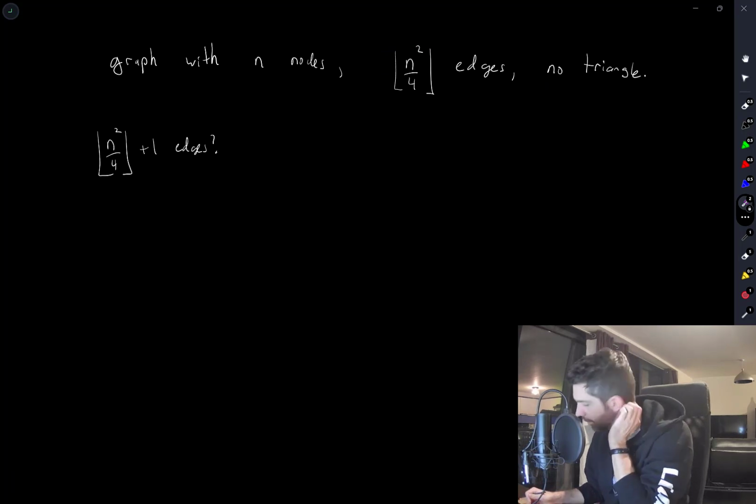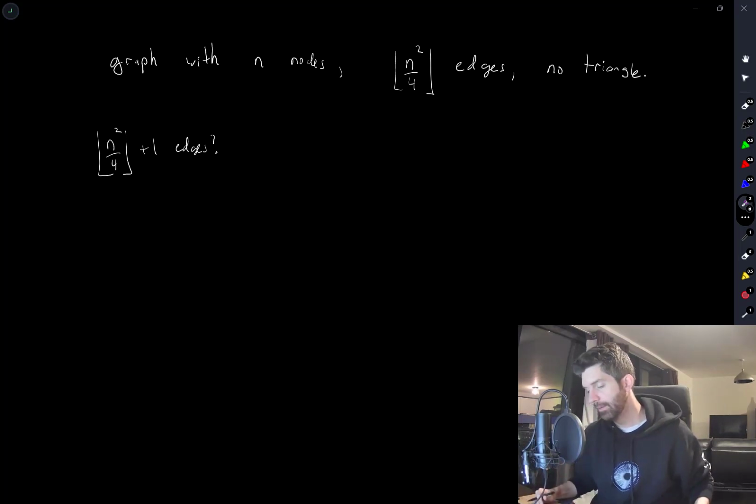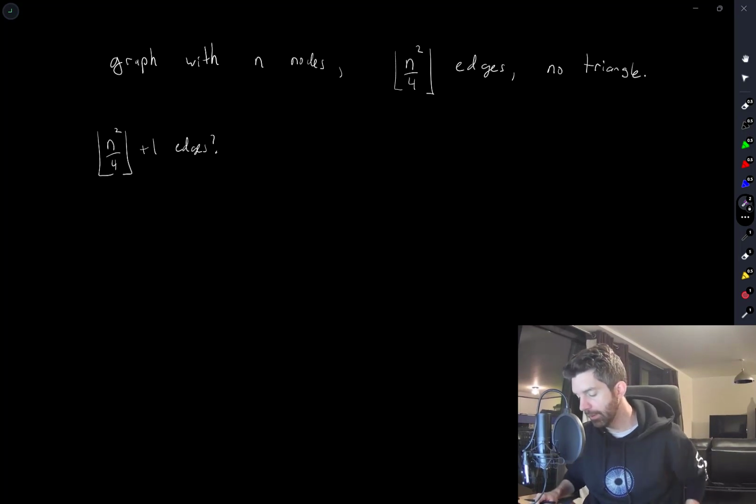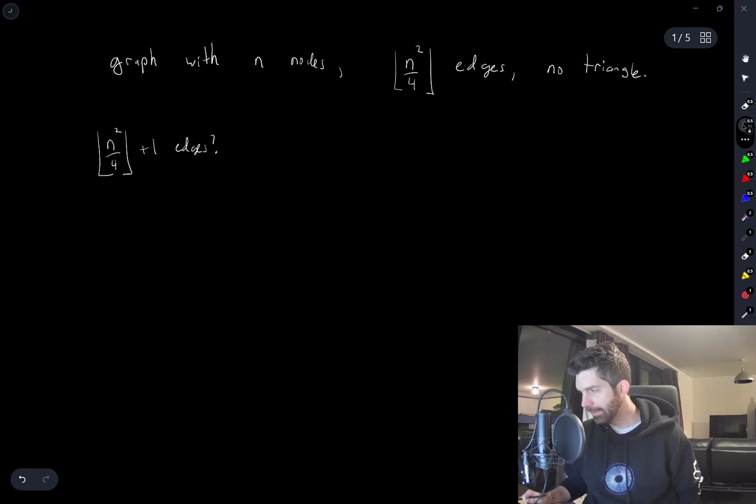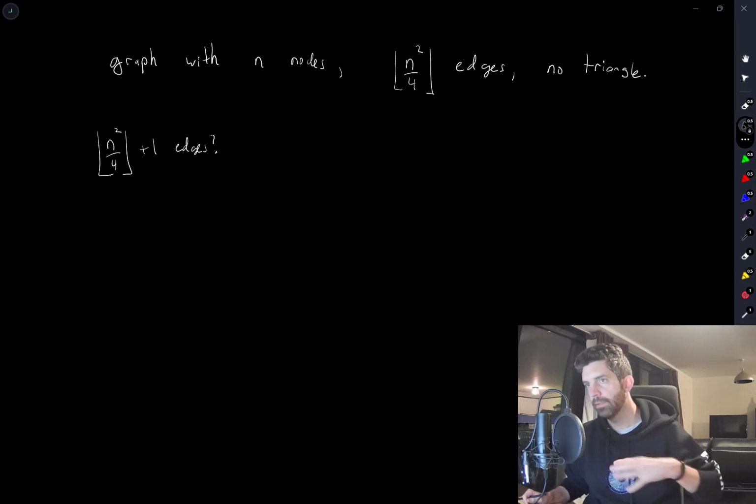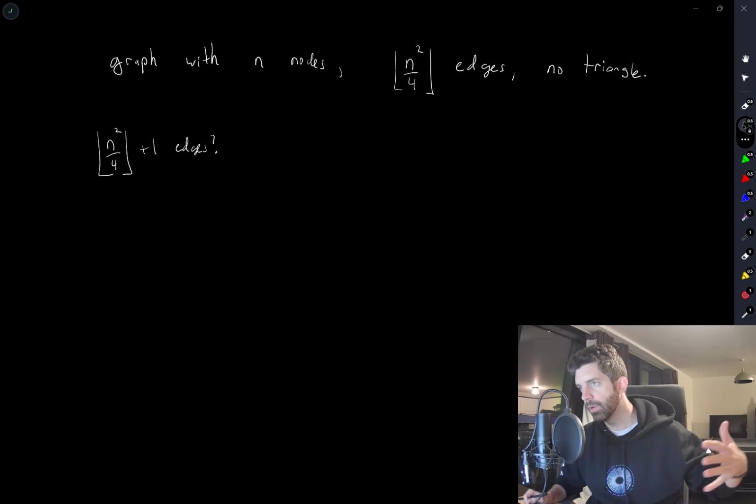Anytime I'm given a question like this, I want to at least try and just play around for small values of n and see whether this can be done. Then, a few things might happen. I might see some kind of pattern. I might see some kind of general method of constructing these graphs which will work.